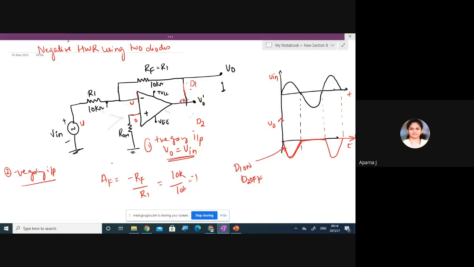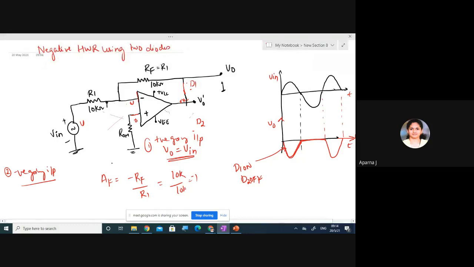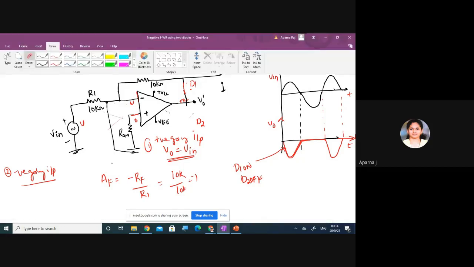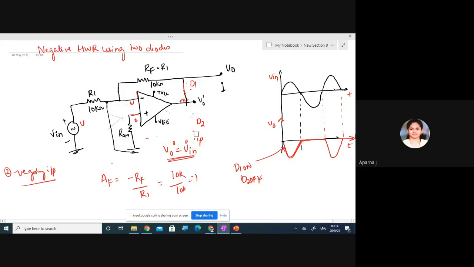And we have the diode connection here, and here we have the diode similarly.